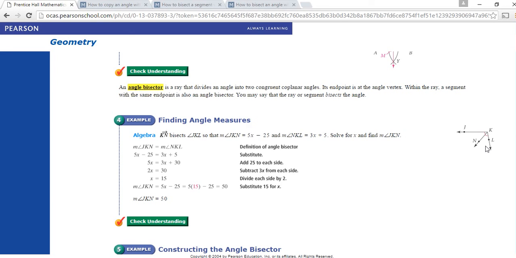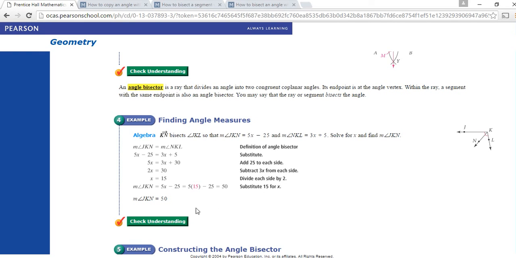Well, we know it's an angle bisector, so this has to equal that. So you can set it equal to each other, do some fancy algebra to find that x equals 15. And when you put 15 in for x here and here, you'll see that the angle equals 50.